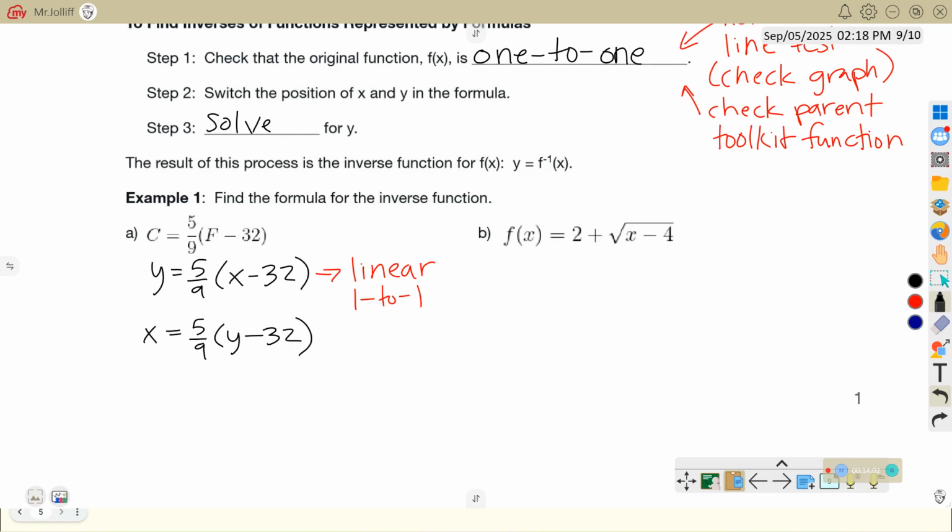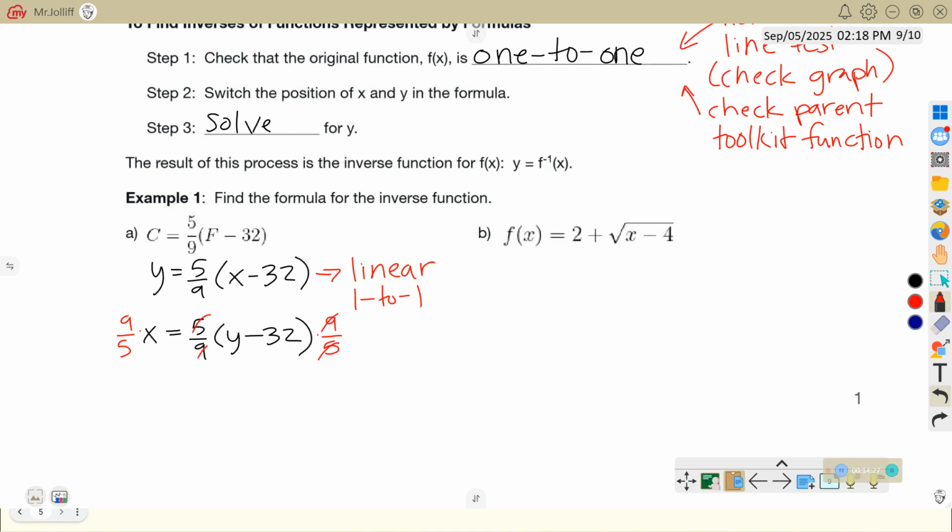I work from the outside in. What should I get rid of first? The answer is the 5/9. How do I get rid of the 5/9? Reciprocal. Very good, because you guys mentioned it earlier. Flip that fraction, multiply it on both sides. Because then I've got 5 on top, 5 on bottom, 9 on bottom, 9 on top.